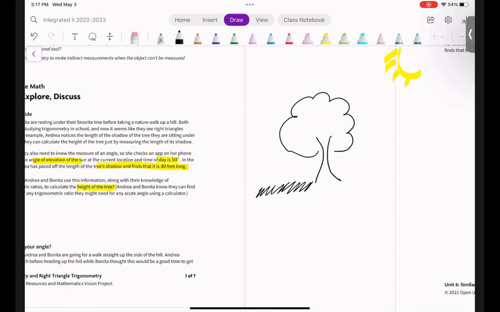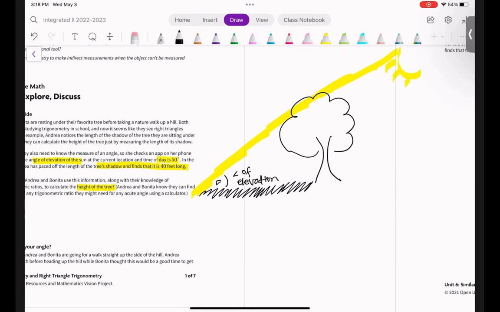Okay, something like that. What you're going to do is draw the triangle, and I'm going to make the triangle very obvious to you. So the sun is casting like this. Sorry, this is not a very good picture, but that's okay. And let's make the shadow just a little bit longer so I can get that to hit. So does everybody see my angle of elevation? This is my angle of elevation.